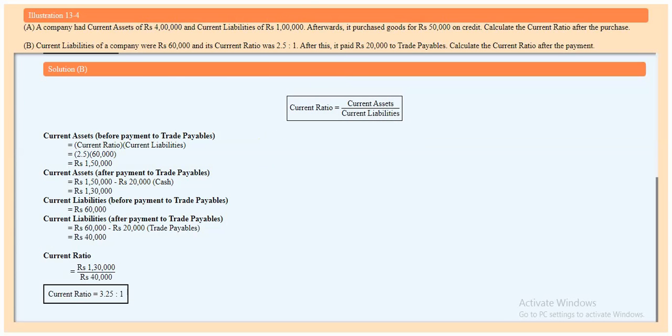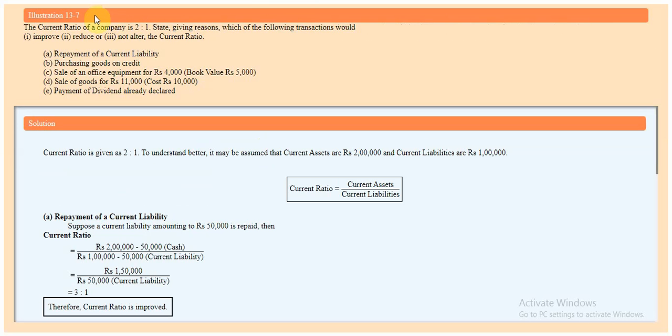Now we'll move on to the next problem. This is illustration 13.7. In this question, the current ratio of a company is 2:1. State, giving reasons, which of the following transactions would improve, reduce or not alter the current ratio. So the current ratio, friends, is current assets by current liabilities.